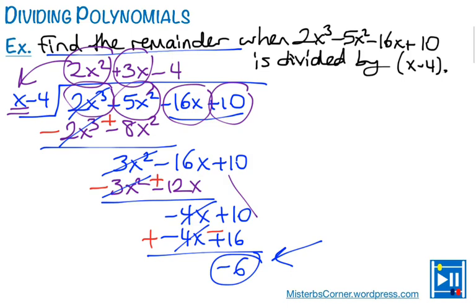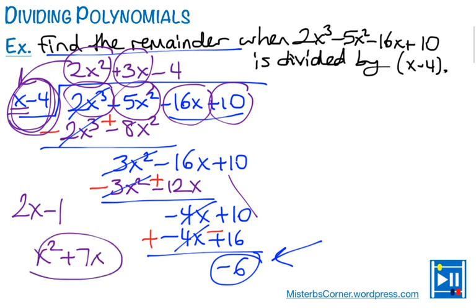Generally speaking, you will mostly have a binomial with the first degree, so it's going to be x minus 4, x plus 3. Sometimes you might see 2x minus 1 sort of expressions, but I don't think it's going to be something like x squared plus 7 or 7x, something like that. We won't be dividing polynomials by these expressions, but it could be something like this, right?